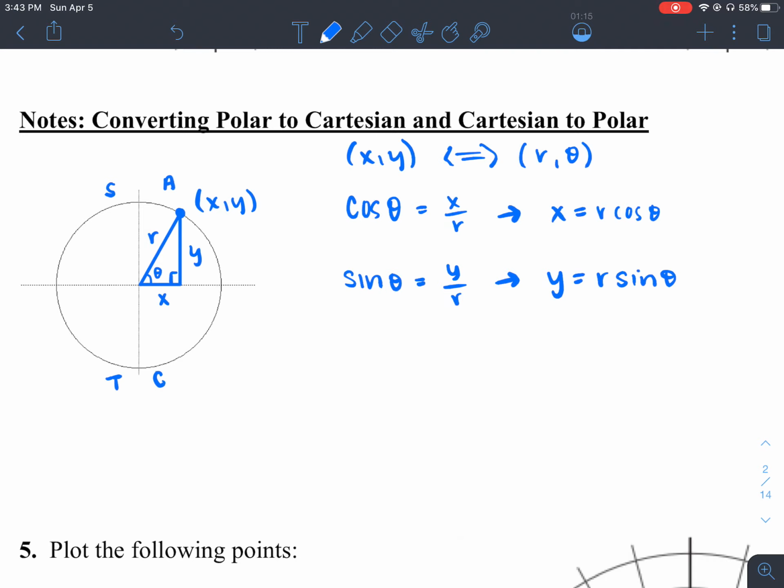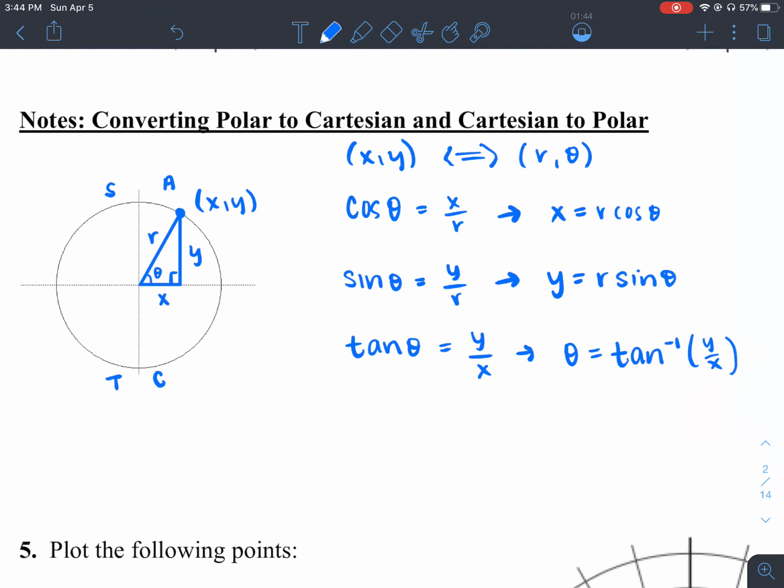Now, if I know a point in Cartesian, my (x, y) value, and I wanted to convert it into r's and thetas, I do know that tangent of theta has to equal y over x. Tangent is opposite over adjacent, which means if I wanted to solve that for theta, theta is going to equal tangent inverse of y over x.